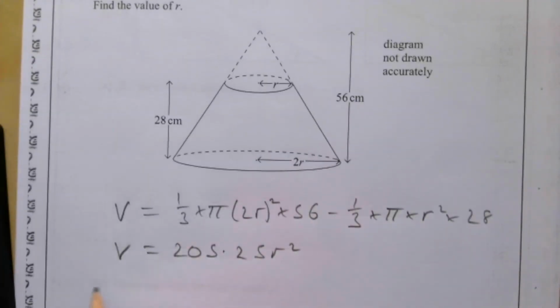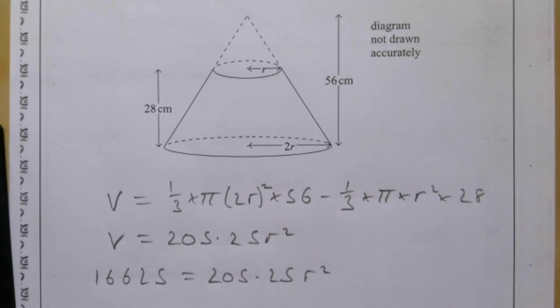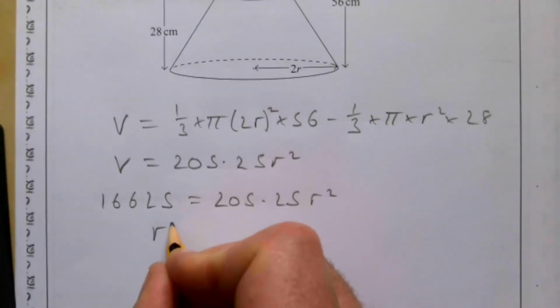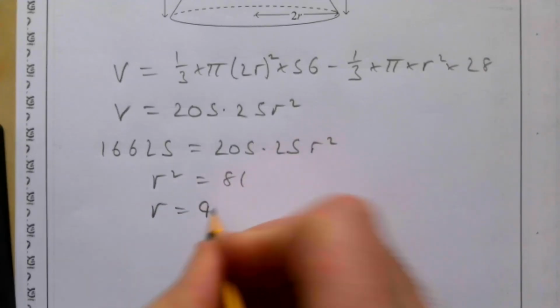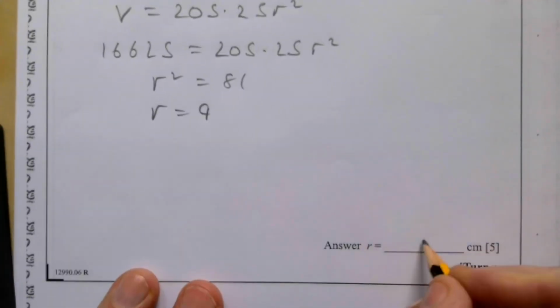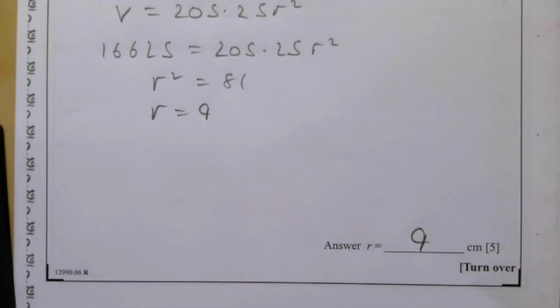We know the volume is 16625, so that equals 205.25 r squared. If we divide those two, we pretty much get 81, so it works out quite nicely for us. R squared is 81, and we get R, and it's going to be 9. So my answer to that one then is 9 centimeters.